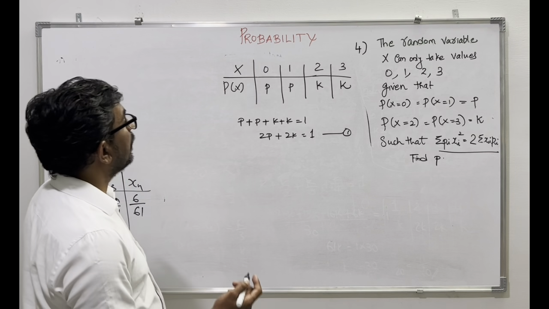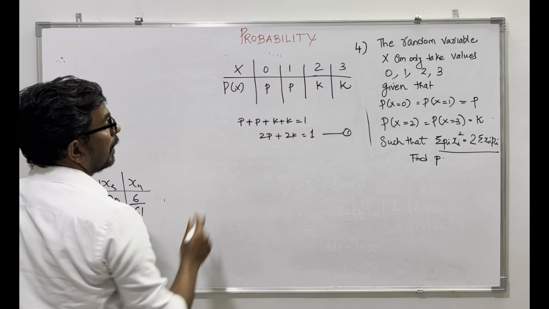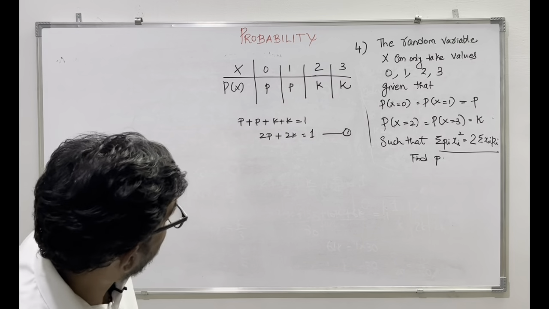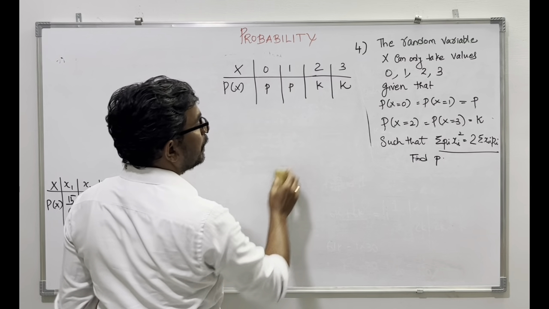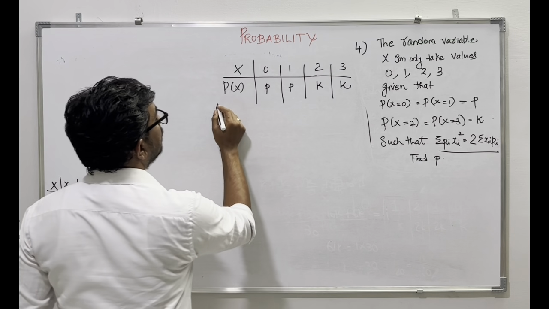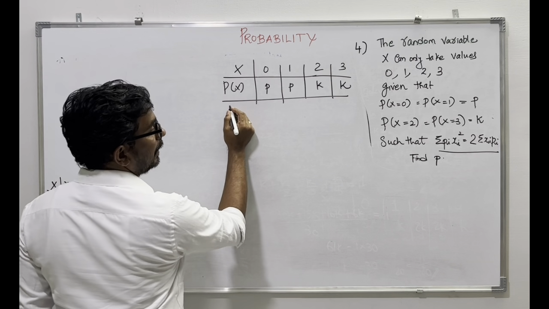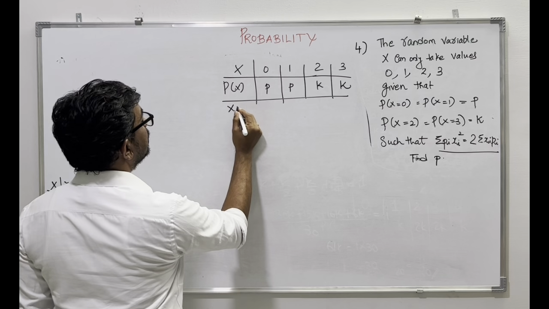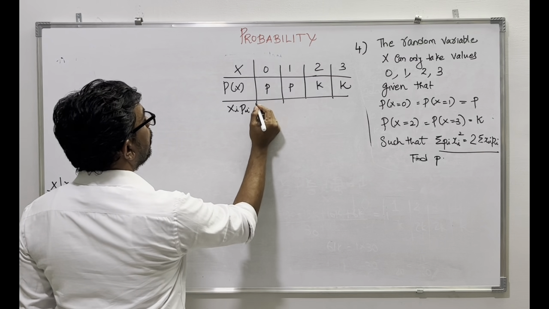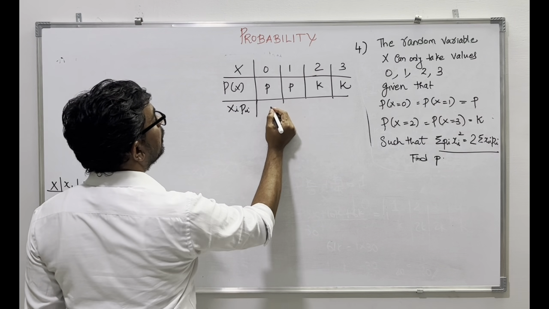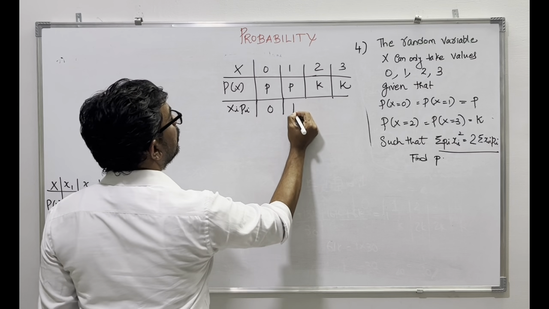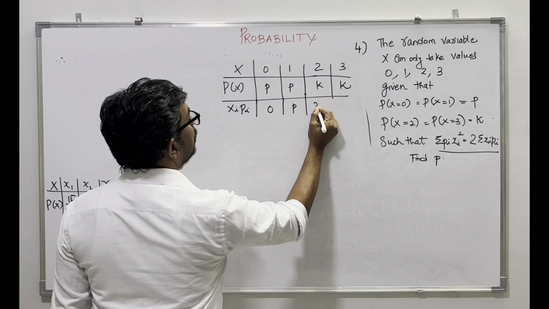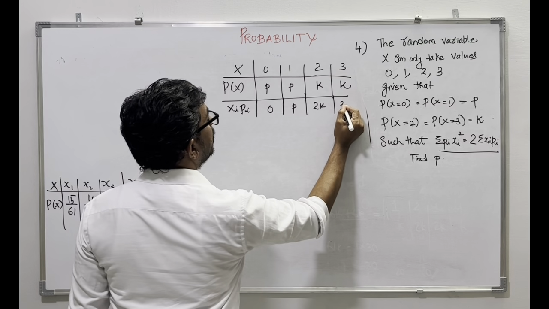So I need to have one more column for this. Actually, we will write this a little down. We will make a column named sigma xi pi. So we will write xi pi first. What is xi pi? That means this multiplied. This is 0. This will become p. This will become 2k. This will become 3k.